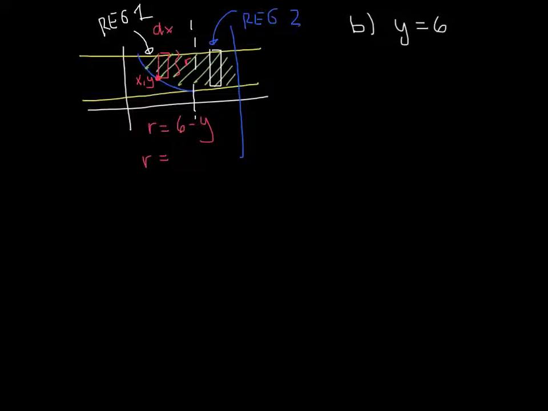In region 1 we are going to find the volume using the disk method. So it's going to be the integral from 1 to 3.